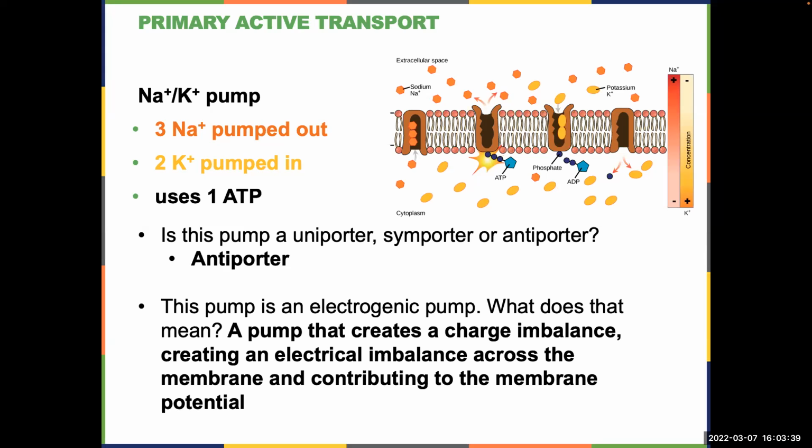You're only bringing in 2 potassium at a time, and you're releasing 3 sodium ions from the cell. So you're putting out more positive charge than you're bringing in. So you're putting more positive charge outside and contributing to keeping the inside more negative.